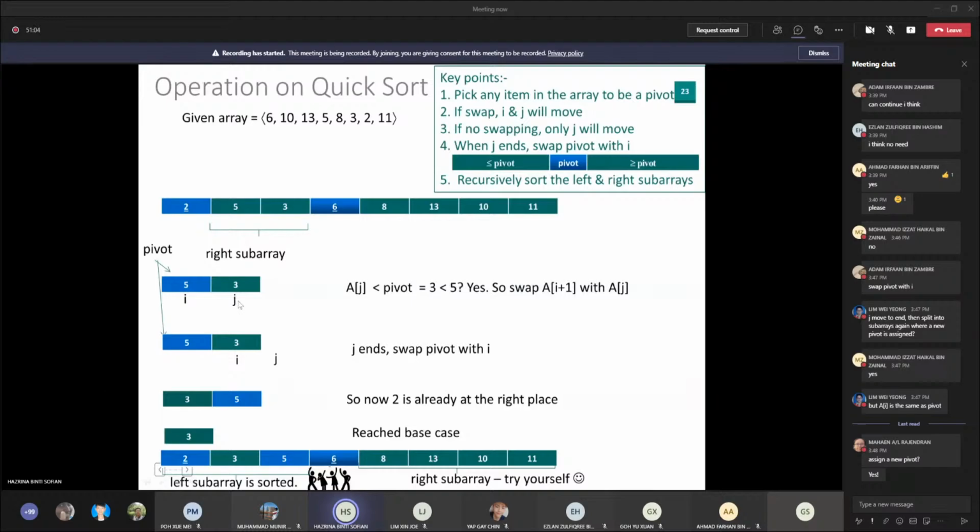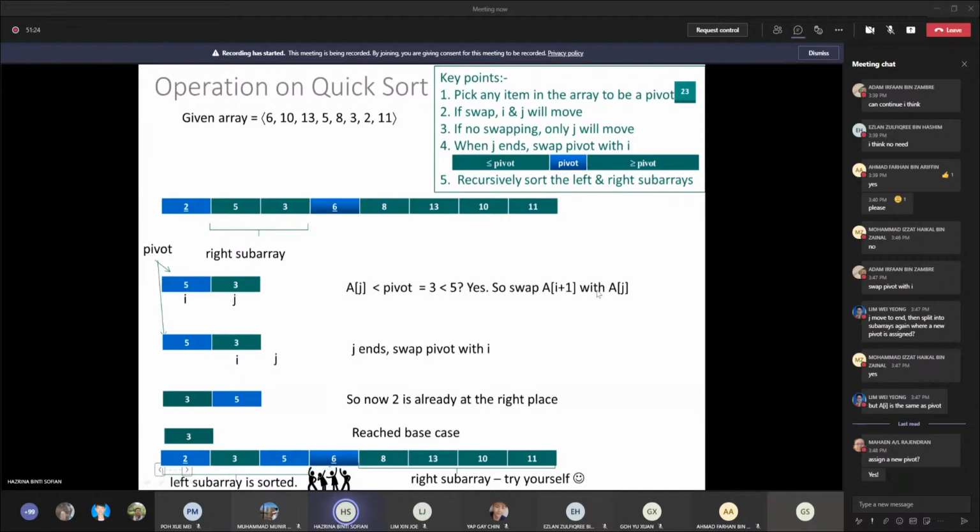So the computer does the swapping, but there's nothing that we can see with our visible eye: 3 swaps with 3. Okay? Understand up to here? Why are there no changes between here and here, right?